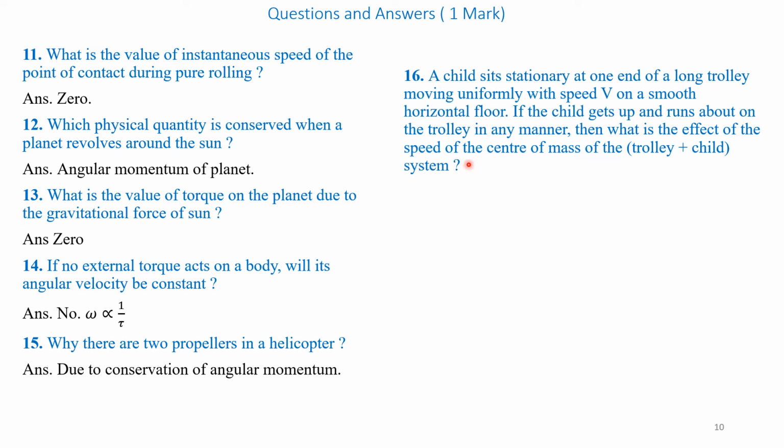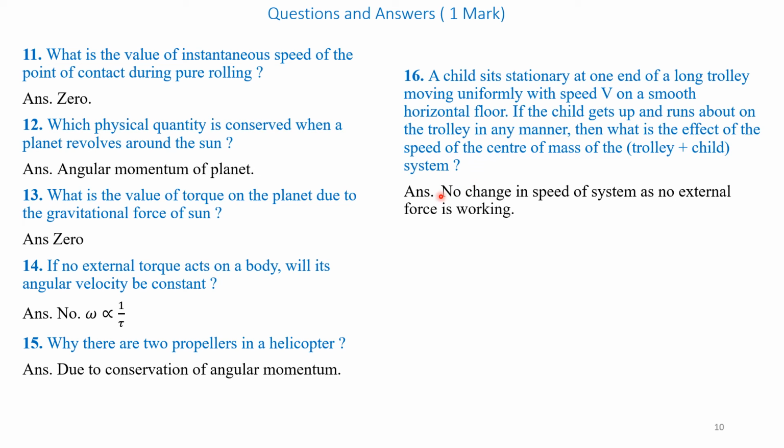Question number 16. A child sits stationary at one end of a long trolley moving uniformly with a speed v on a smooth horizontal floor. If the child gets up and runs about on the trolley in any manner, then what is the effect on the speed of the center of mass of the trolley plus child system?